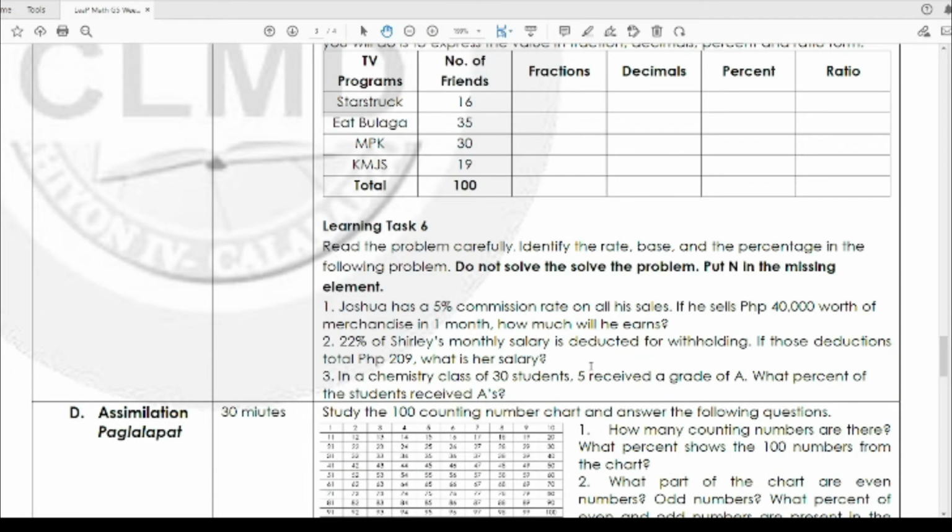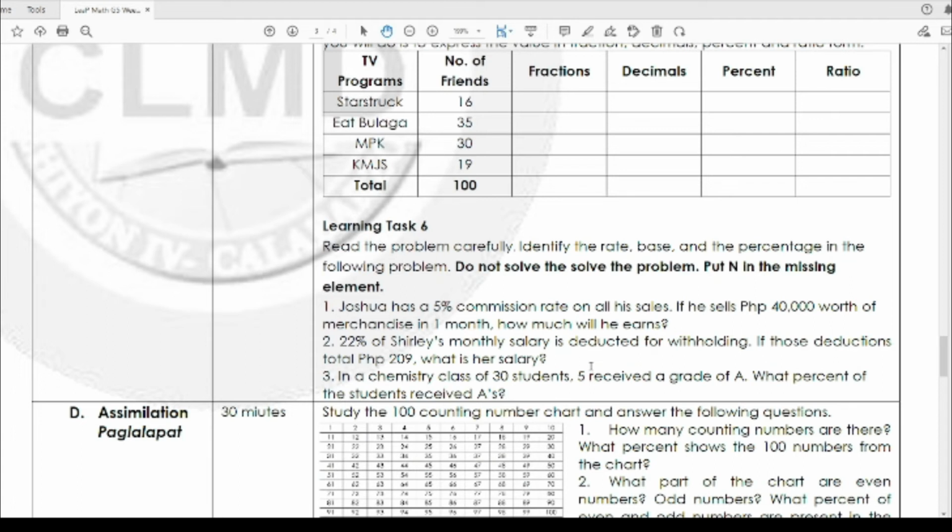Joshua has a 5% commission rate on all his sales. If he sells 40,000 pesos worth of merchandise in 1 month, how much will he earn? You may not solve the problem. You only put n in the missing element.